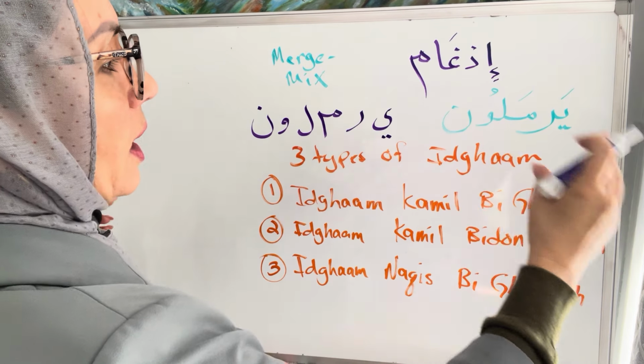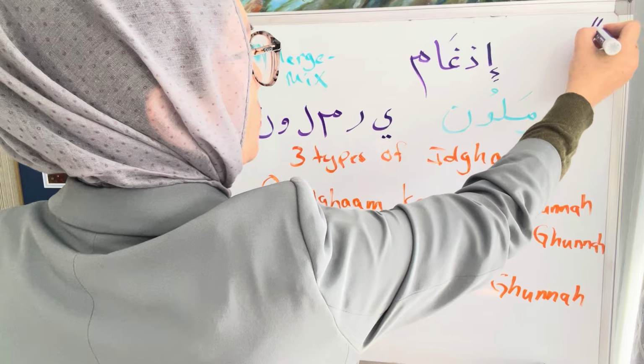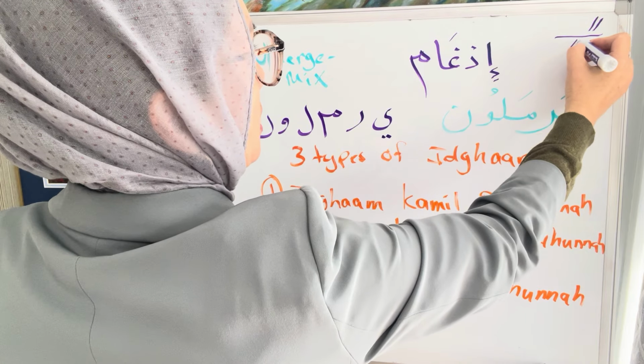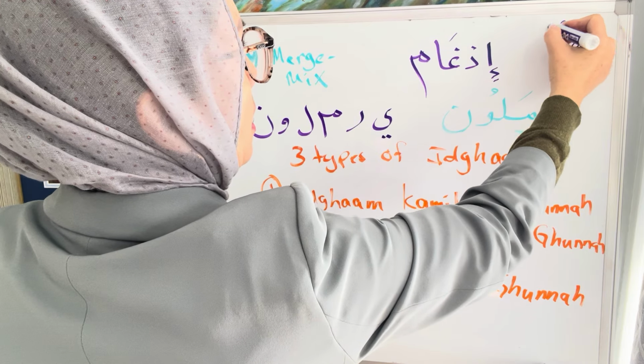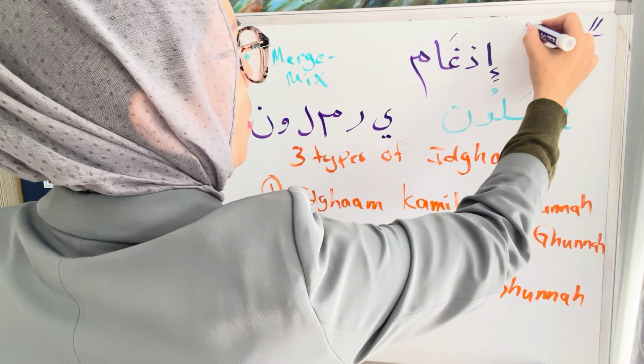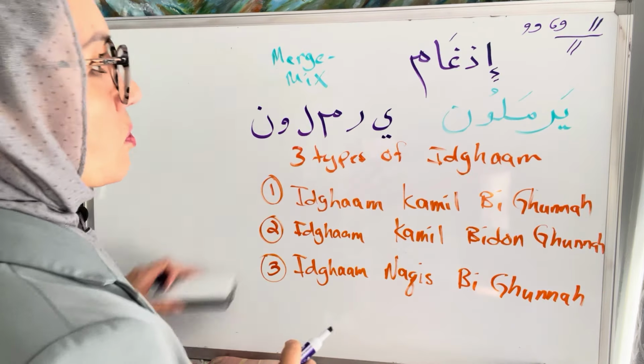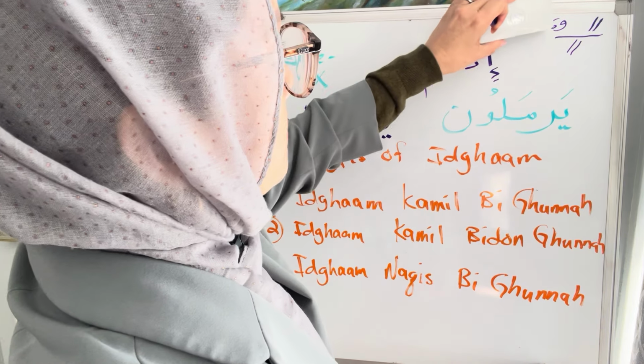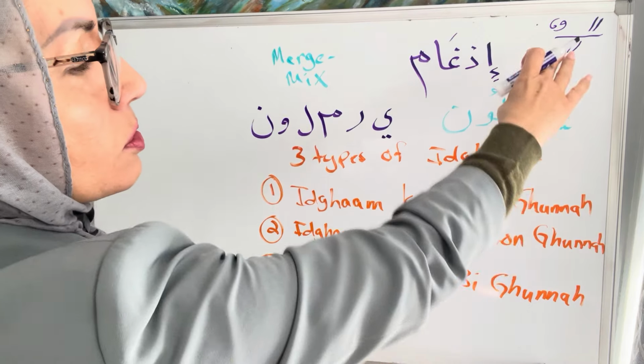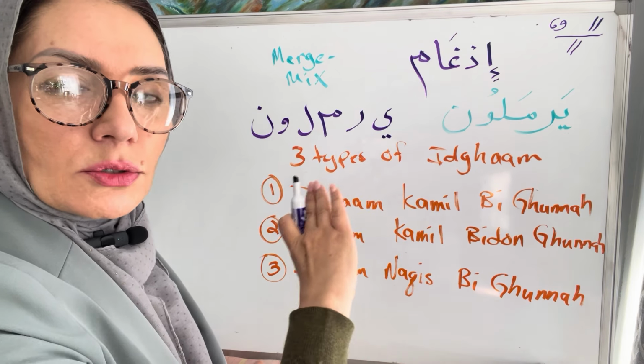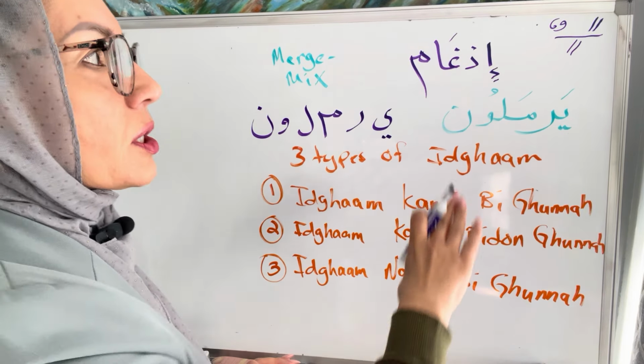Remember we talked about the rules of noon and the rules of tanween, the tanweenat. Those are all identical, and we talked about those already. It has nothing to do with this section here.